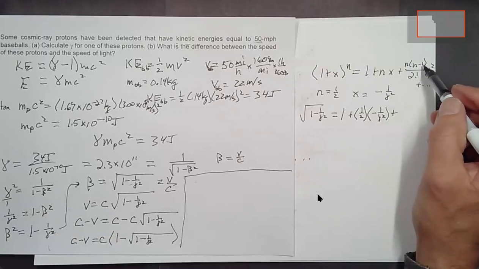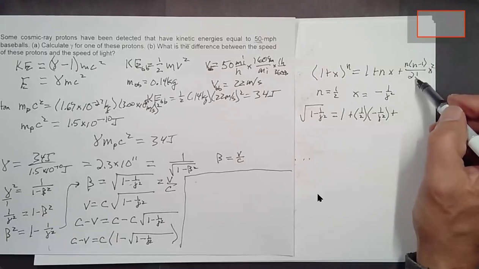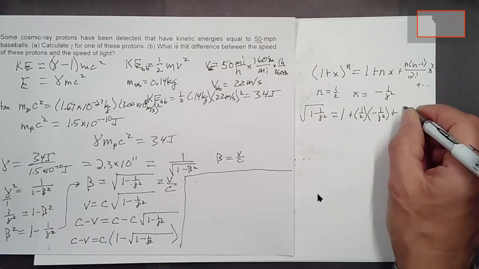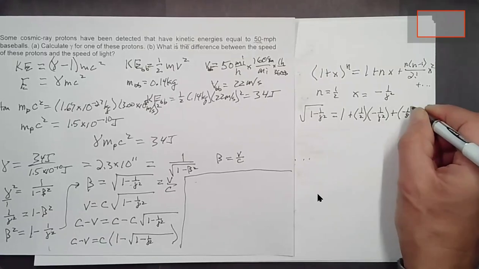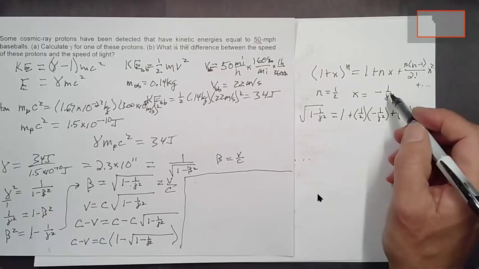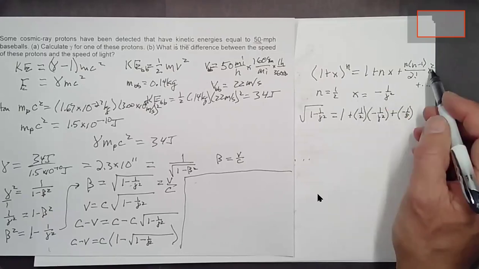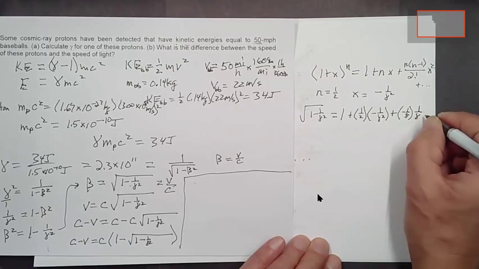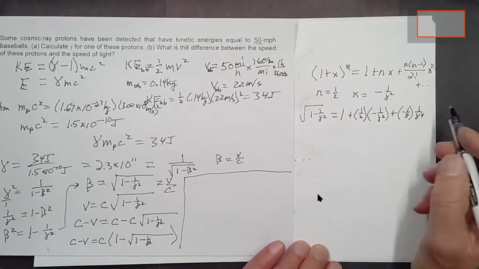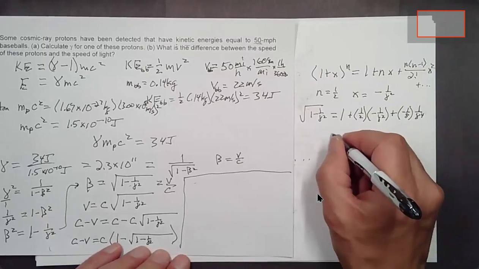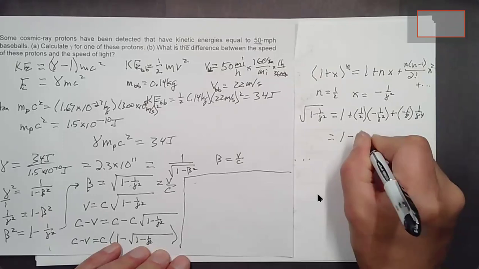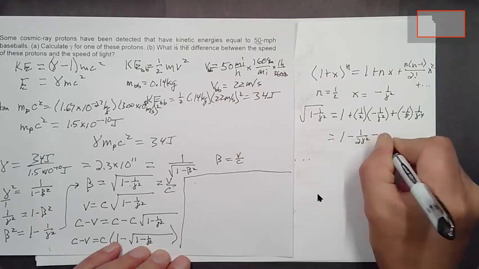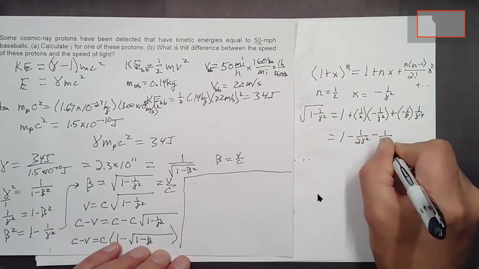It'd be 1/2 times minus 1/2 over 2 factorial. That actually ends up being minus 1/8. And then instead of minus 1 over gamma squared, that's what x is, I've got x squared, which will become positive. So it'll be 1 over gamma to the 4th. And this one has a minus sign too. So this square root ends up equaling 1 minus 1 over 2 gamma squared minus 1 over 8 gamma to the 4th.